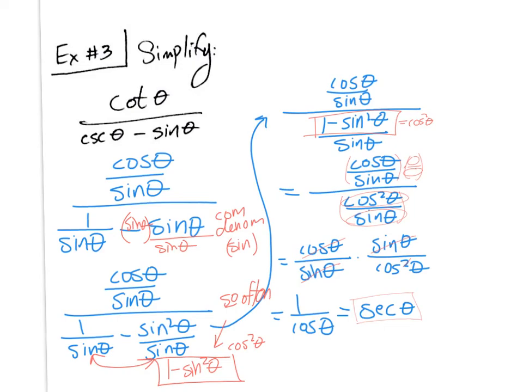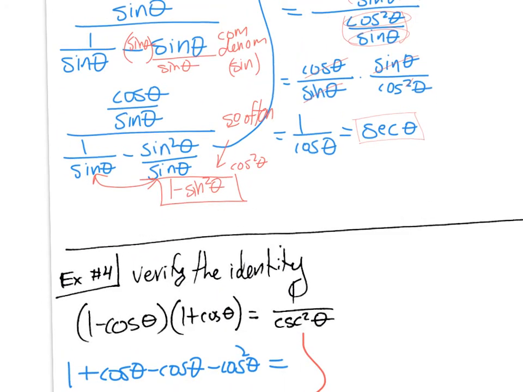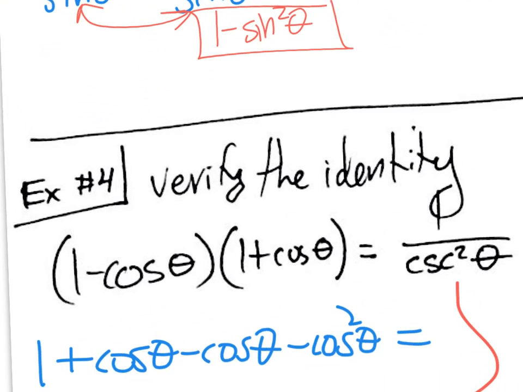And last but not least, let's take a look at this. Verify, which is the same thing as prove or show that. What I see over here is FOIL. Have you noticed that in basically every one of these FOILs, the inners and outers cancel?